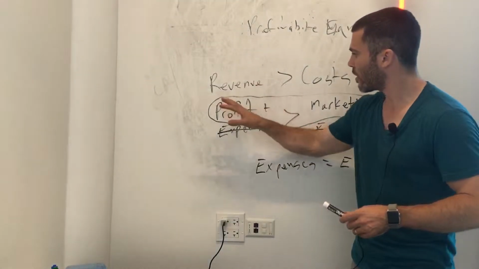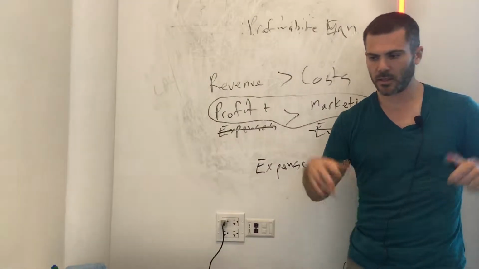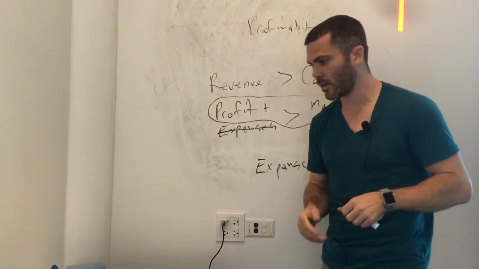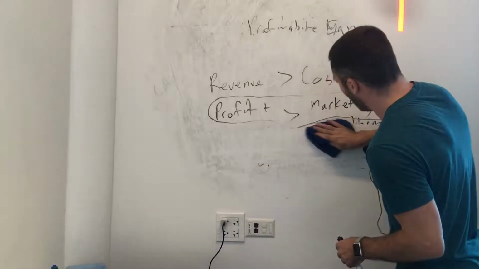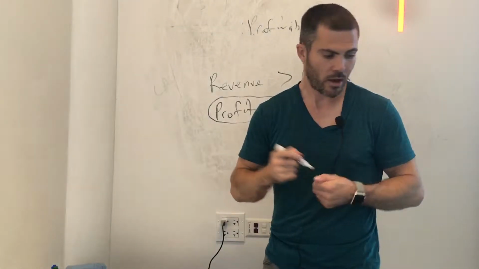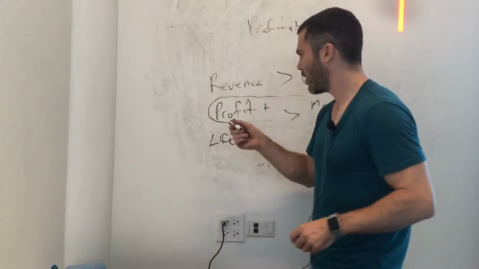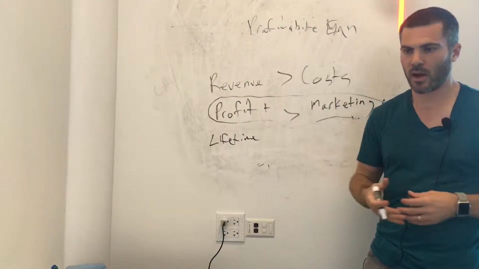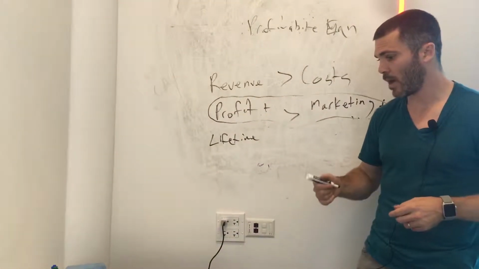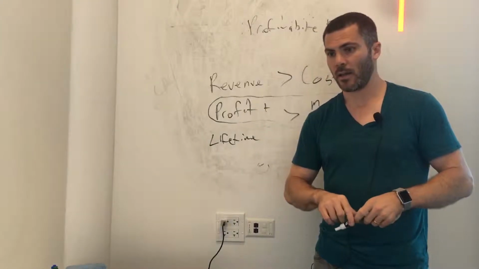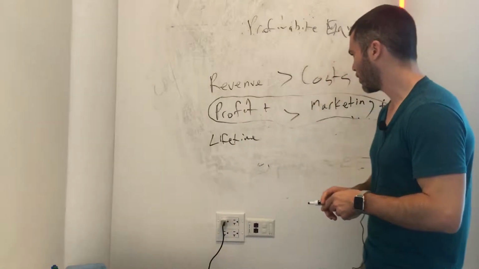So I want to take that and apply a couple of terms to bring it up to date in terms of the internet economy. In the internet economy, we call profit lifetime value. Again, that's the average amount of profit we're able to bring in on a per customer basis, so the average amount of profit that will be generated over the lifetime of an average customer.